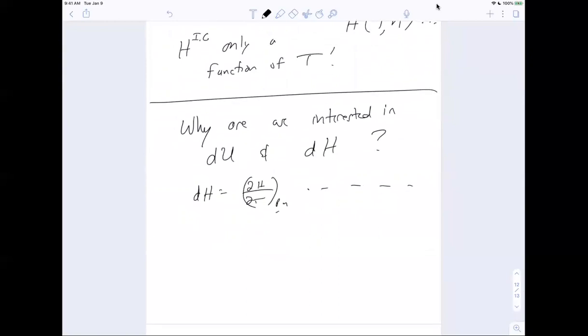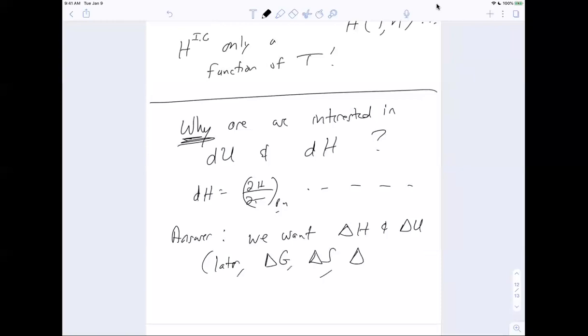I'm answering why. The answer is that we want delta H and delta U, and later delta G and delta S, and something called Helmholtz, which is delta A. We want these later on.